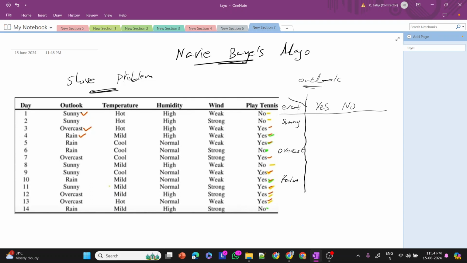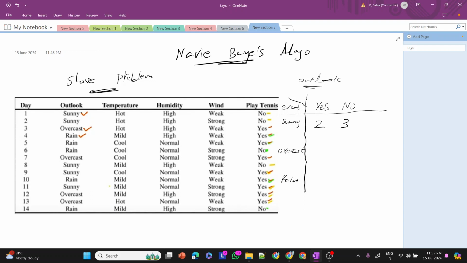That means the person has played when the outlook is sunny once, and there is another sunny here, also yes. That means the person played a game when the outlook was sunny around 2 times. When the outlook is sunny, the person has not played a game 3 times.